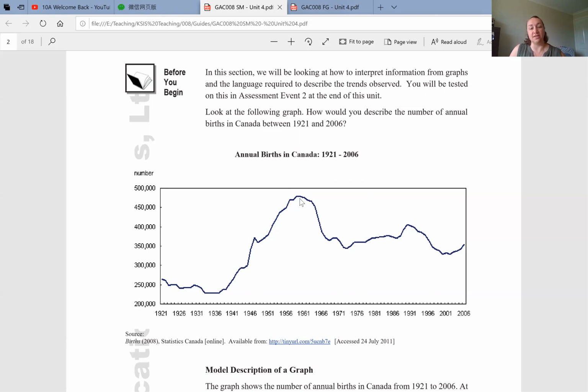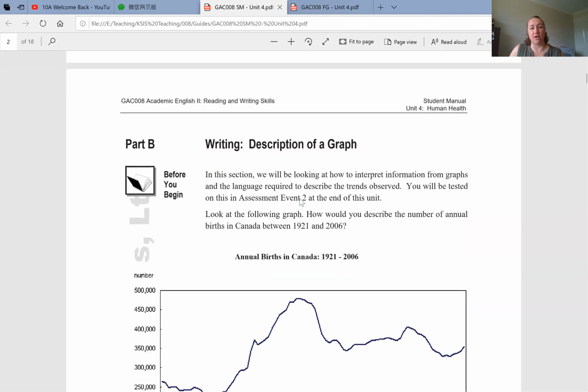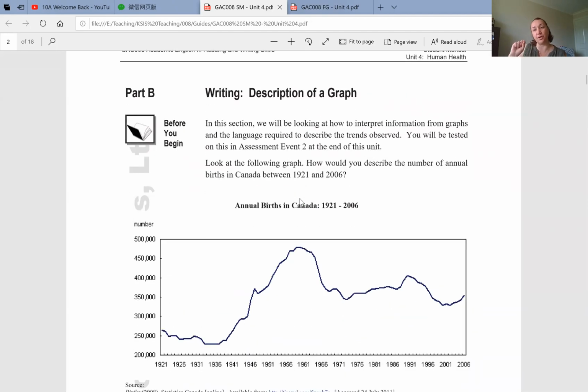What I'd like you to do is please get a pen and paper out. And I'm going to ask some questions, and I want you to write down the answers to those questions, and then we're going to have a look at the description and how those questions can then turn into a description. So pen and paper, please, and just answer these couple of questions.